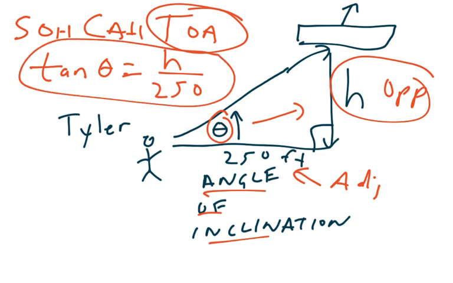Now, technically, though, that's not totally right, because we have to know how tall Tyler is here, right? So let's say Tyler's 5 feet tall. Well, that means we have an extra 5 feet we got to account for over here.